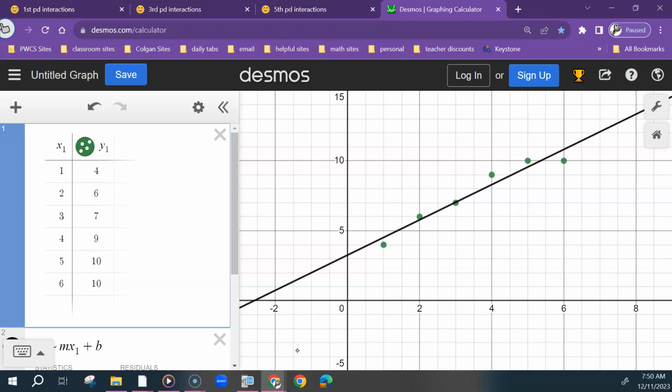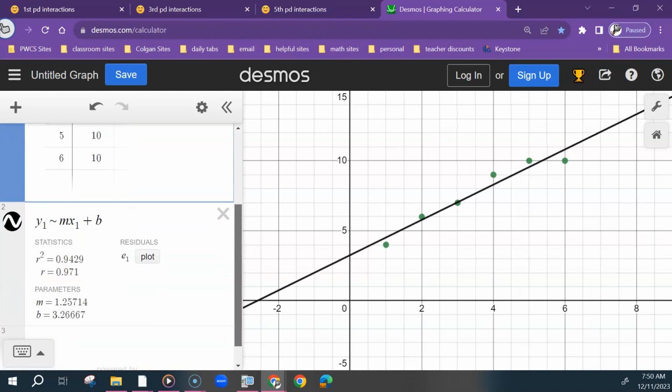And before I even look at the y1 tilde mx1 plus b, is this going to be a positive slope or a negative slope? Positive. So we can get rid of A and B because those won't be the answers.